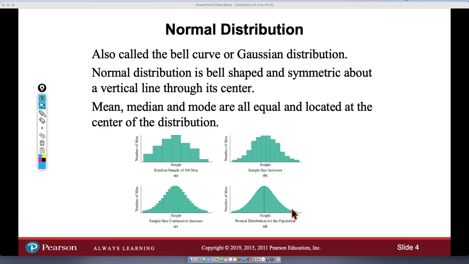If we all were to measure our arm lengths, and we had enough people, thousands of people, we would probably see a distribution that looks somewhat normal, okay? Complex things, things that have a large amount of randomness to them, that's where we get these sort of natural occurrences.